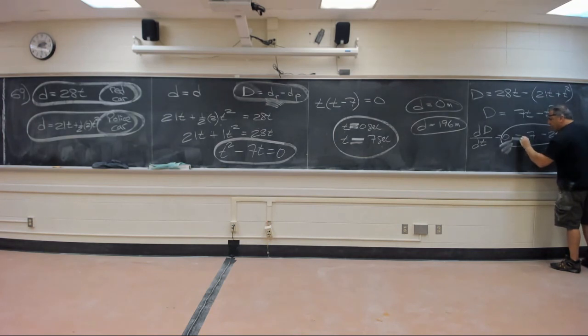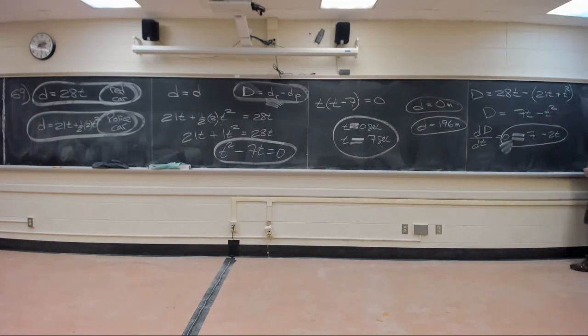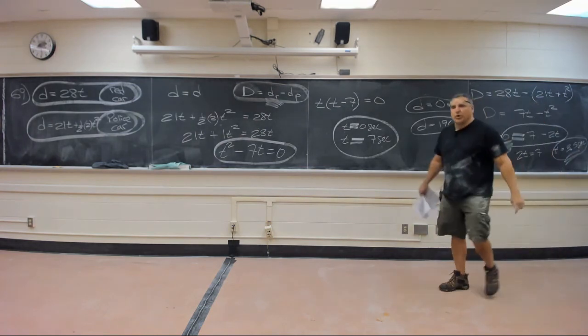Zero equals 7 minus 2t. Ladies and gentlemen, at 3.5 seconds, the max is going to occur.